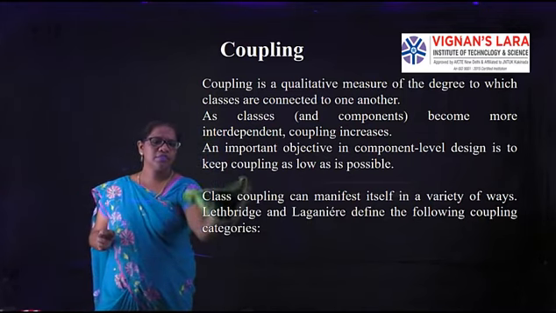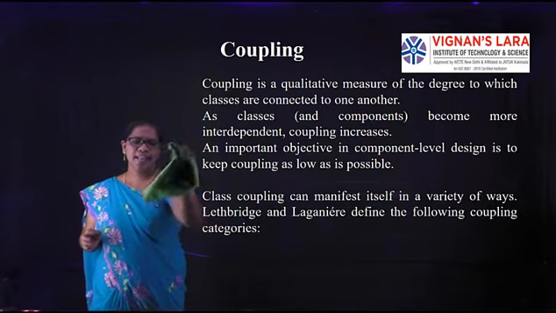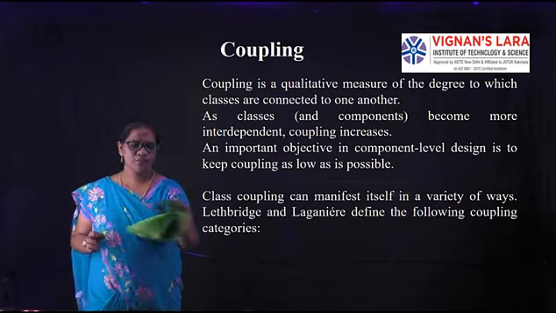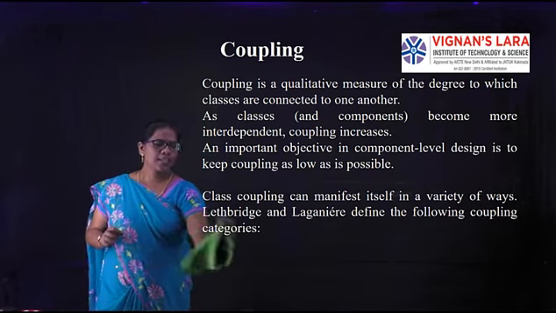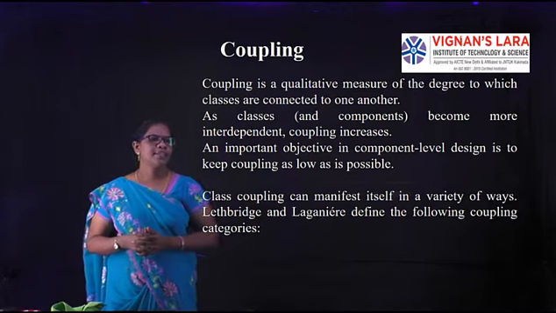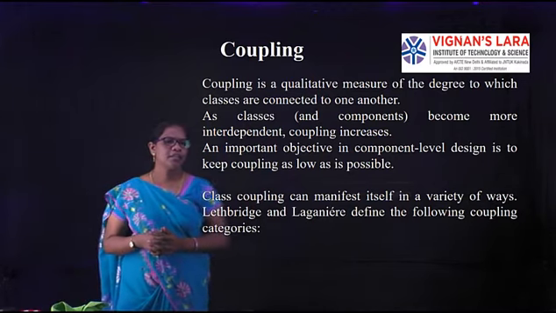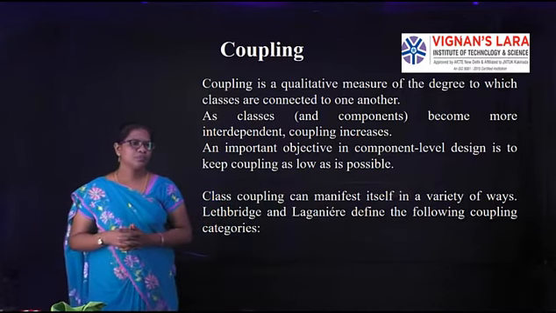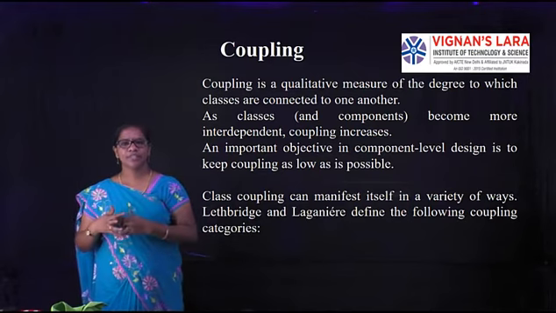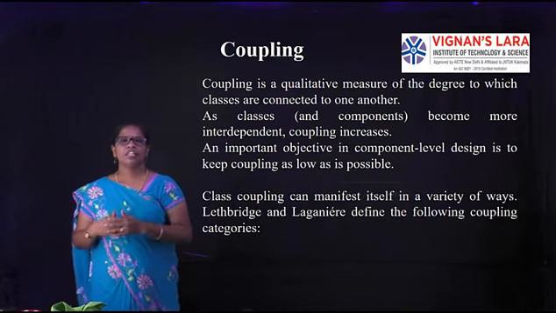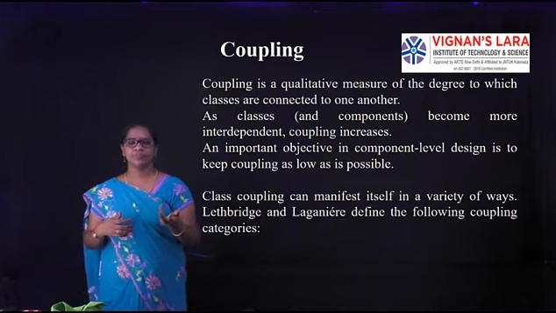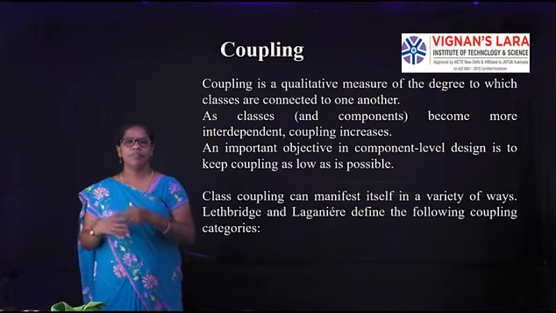Let us see it in detail. We can say a class is one component. All classes and components become interdependent through coupling interfaces. How are the classes depending on each other? If there is an association, there is some dependency. If there is an aggregation relationship, there is some independence between these two classes.